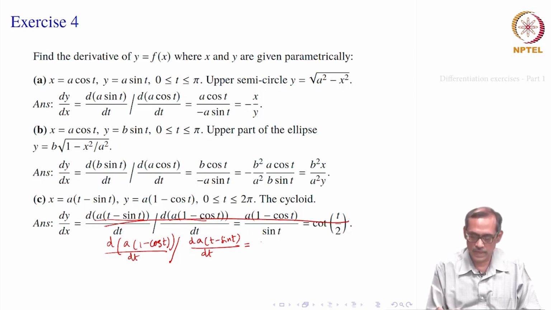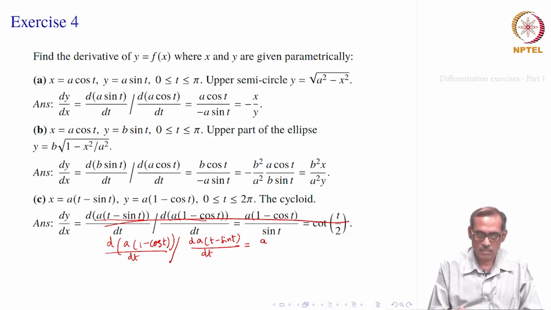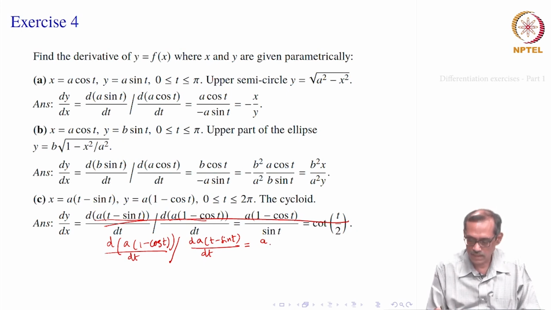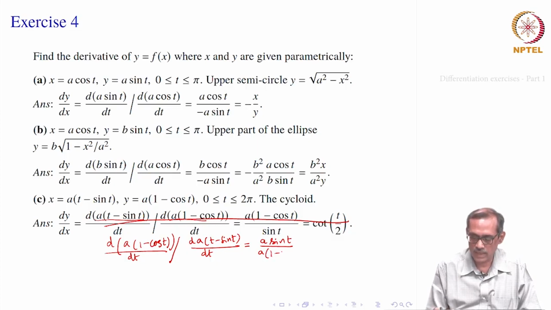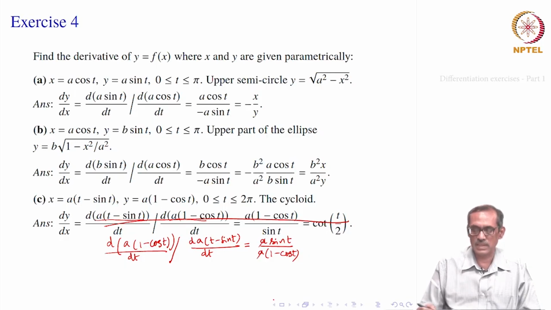So, a remains and the derivative of 1 is 0, minus cos t gives you sin t, so a sin t, divided by a remains and the derivative of t is 1, minus sin t gives cos t in the differentiation. So, it is a sin t divided by a into 1 minus cos t, that is how it looks. It is easier to keep as it is, because a just cancels, and you get sin t divided by 1 minus cosine t.